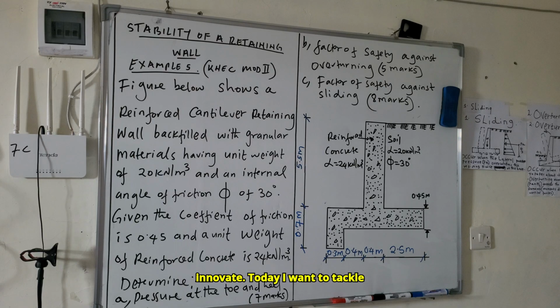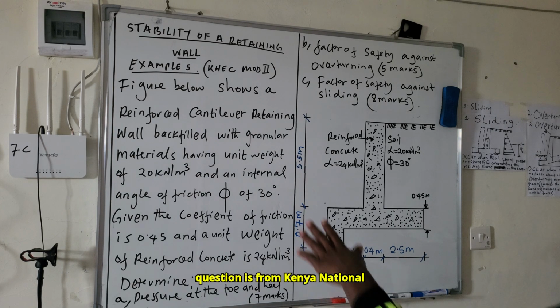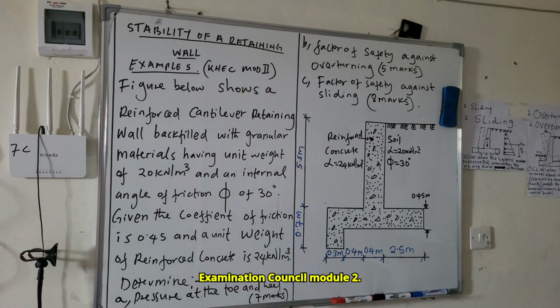Today I want to tackle example number 5, and this question is from Kenya National Examination Council, Module 2. The question is on the board and it reads: the figure below shows a reinforced cantilever retaining wall backfilled with granular material having unit weight of 20 kilonewton per meter cubic and an internal angle of friction phi of 30 degrees.